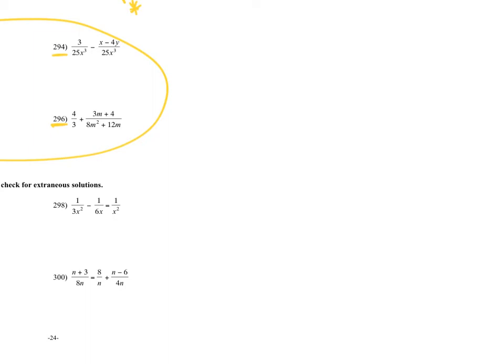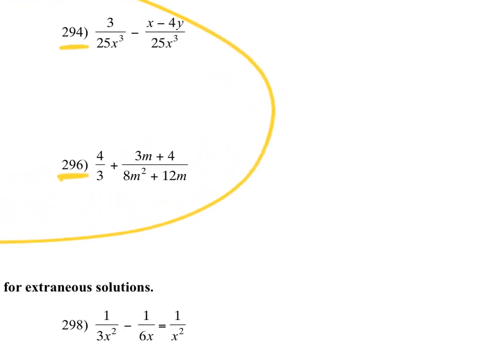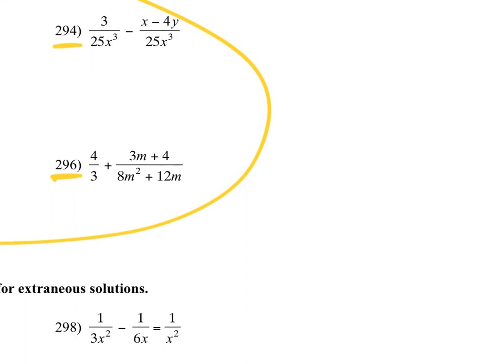So let's do 294. And I'll change my answer. So 294, the denominators are the same. So I can actually put them all under one fraction. So 25x cubed, then I have 3 minus, and you're distributing that to the x minus 4y.